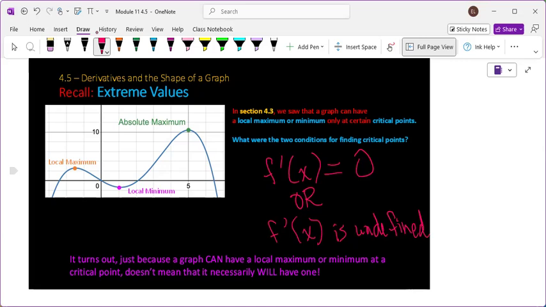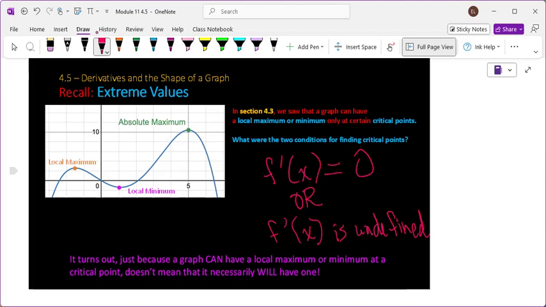Most of the time we're dealing with polynomials. They're defined everywhere. They're continuous everywhere. You don't have to worry about the undefined. But we are going to start to look at some rational graphs and some log graphs. Log graphs have a limited domain. So we typically don't look at the values not in the domain because there's nothing on the graph there.